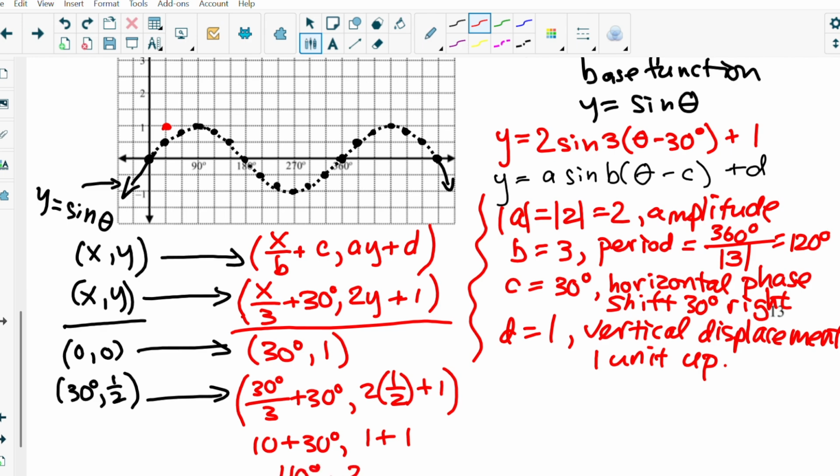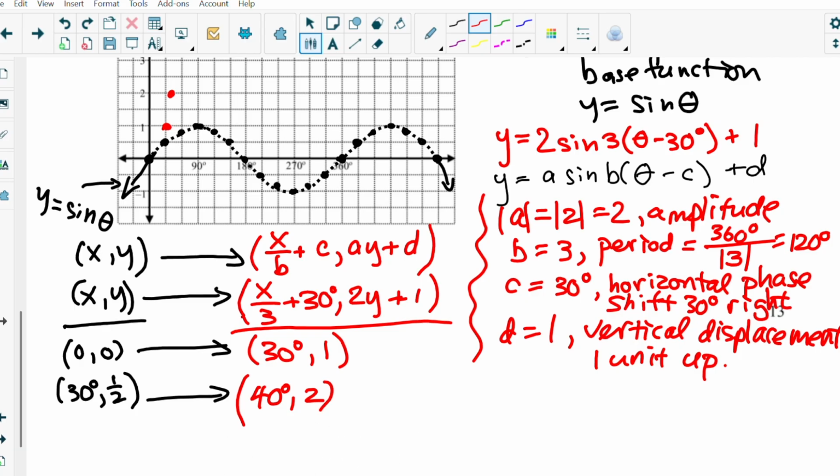So that's 40 degrees, comma 2. So that's 45 is about here, 40 degrees, comma 2, right about there. Okay, there's our second point.